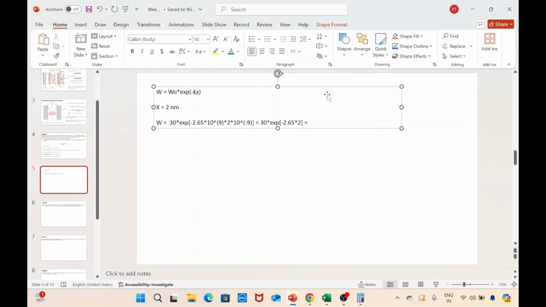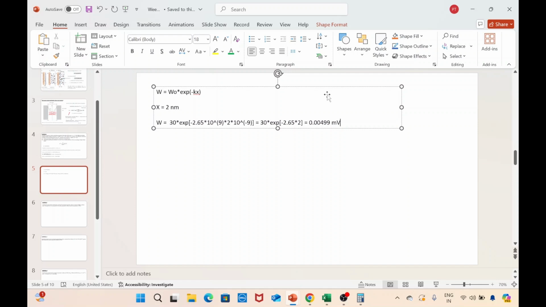So let me write 0.00499 millivolt. So you can see here that the potential at 2 nanometer distance is very less.